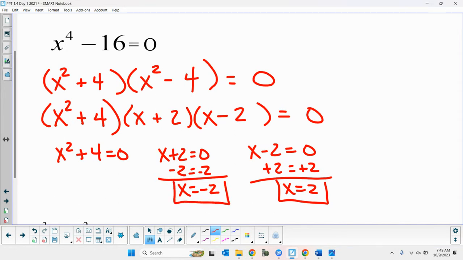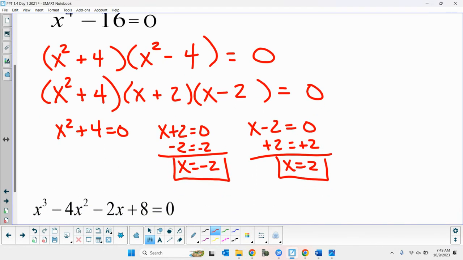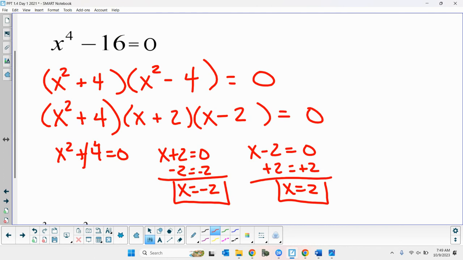And this one, like last week, we're going to get the squared part alone by subtracting the 4. And then what did we do last week when we had this situation? Square root both sides, right? So when I square root both sides, I get x equals, and you guys did not forget the plus or minus, right?